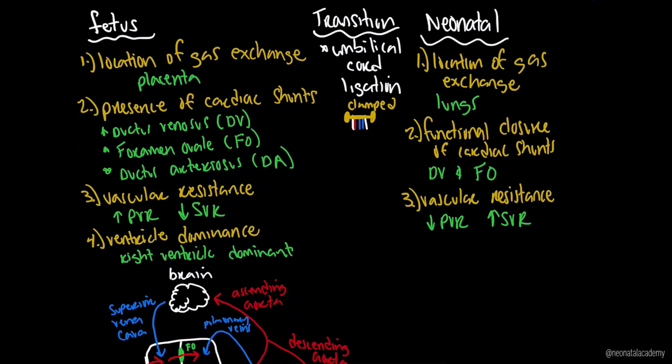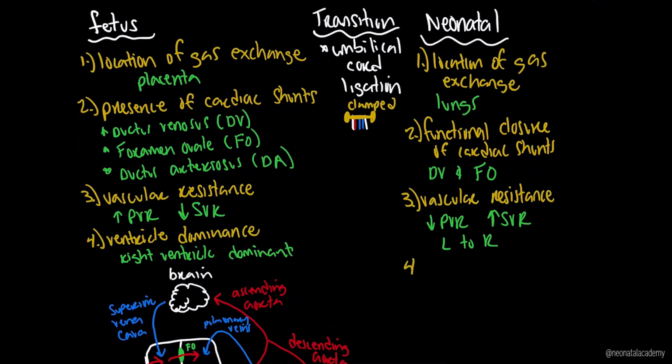And now this is going to create more pressure in the left side of the heart versus the right side. So now we will have left to right shunting. Left to right shunting at our shunts that do remain open for a period of time.